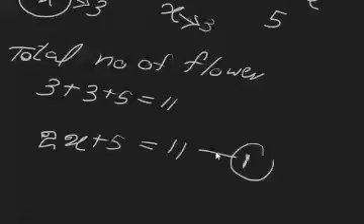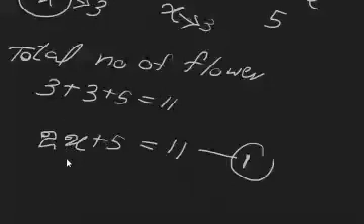When I solve this equation, I can obtain a value for x. That value should equal 3. So when this algebraic expression equals 11, at that moment the value of x should be equal to 3, right?